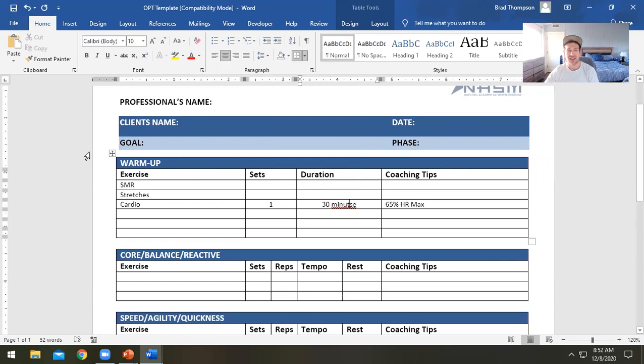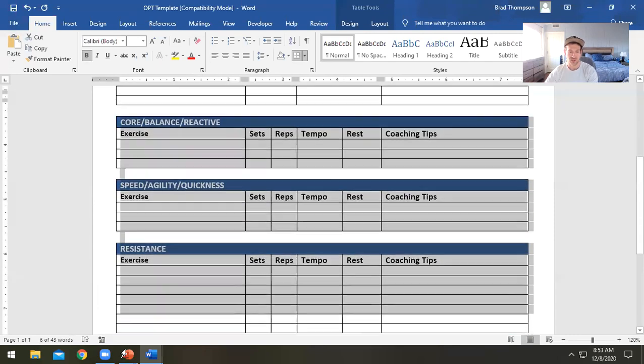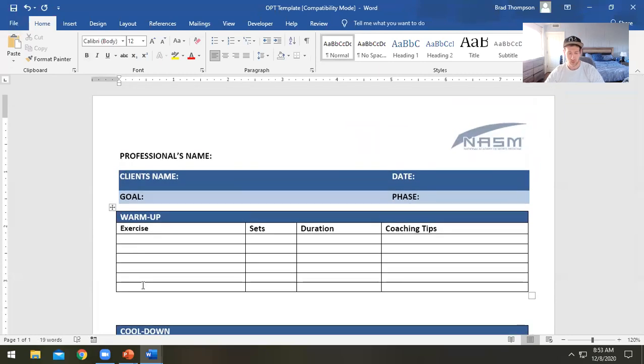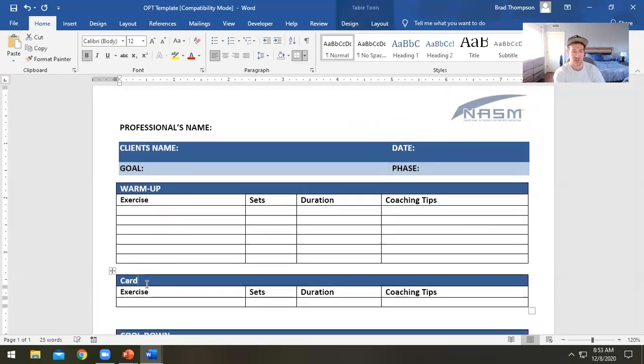I don't do it that way. Only because I tend to modify my own OPT templates. If I have a cardio day, I like to delete everything and just leave it like this, and then put my own little cardio section in there, like treadmill, one set, 30 minutes, 65% heart rate max.